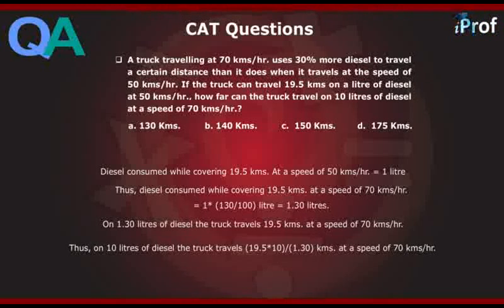Therefore, the distance is equal to 19.5 into 10 divided by 1.3, which is equal to 150 kilometers. Hence, the correct alternative is C.